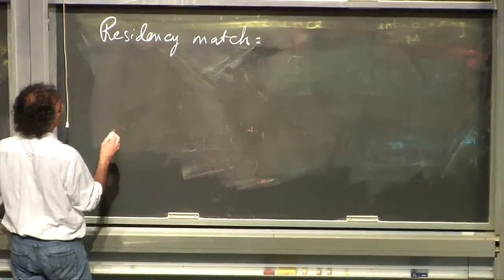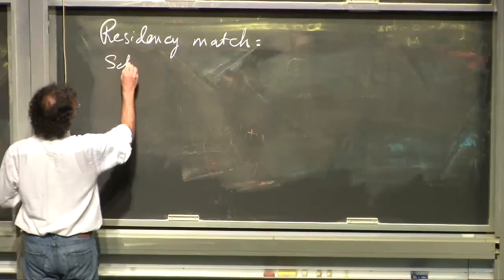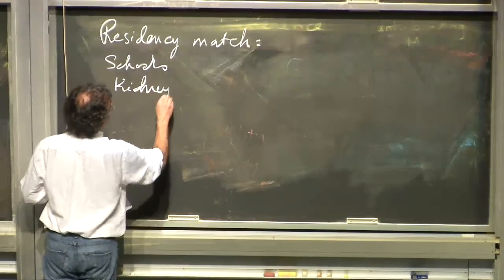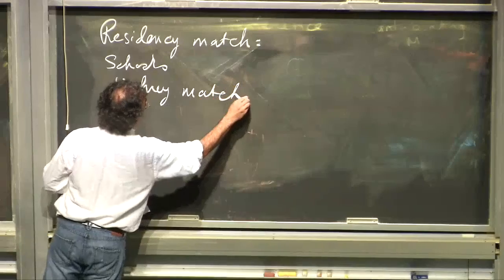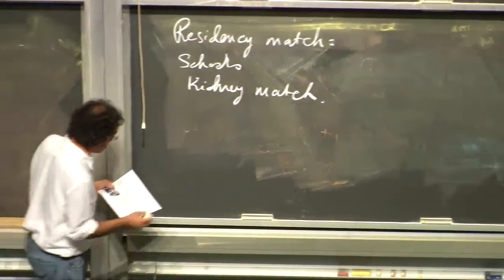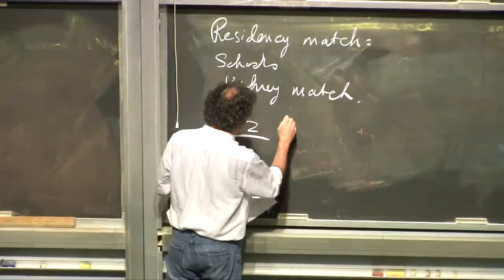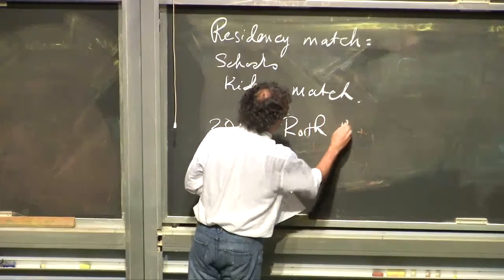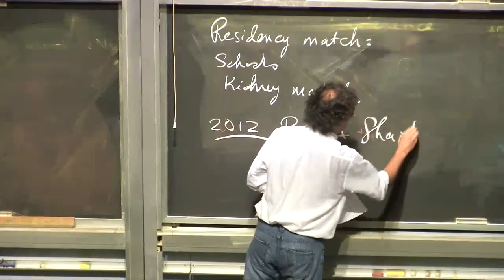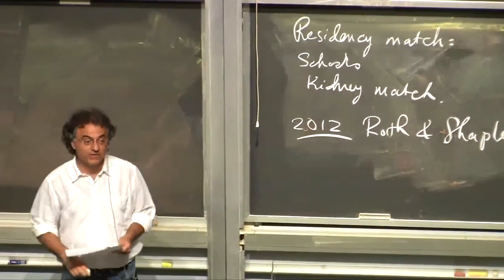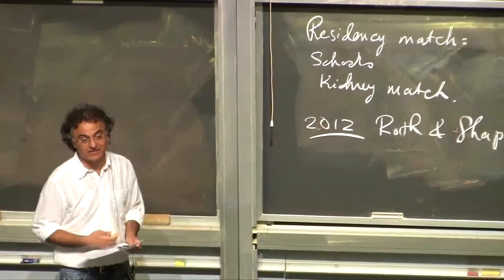So there was a residency match, there were schools, there was the kidney match. And then two years ago, in 2012, Alvin Roth and Shapley got the Nobel Prize in economics for their work on this algorithm.